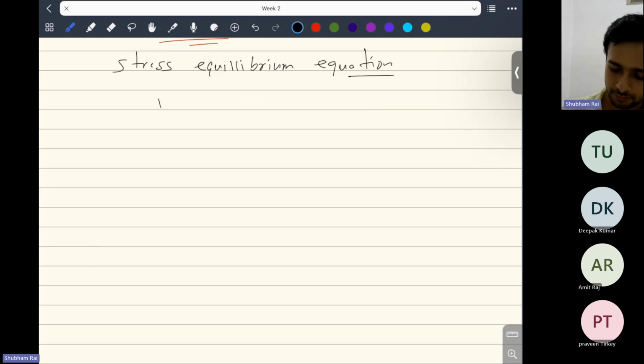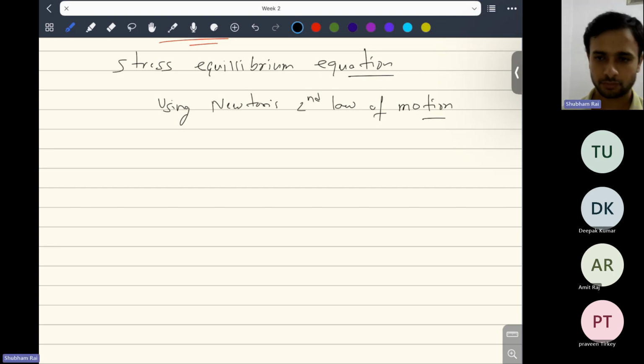You know that using Newton's second law of motion, the external force applied on a body is equal to the rate of change of linear momentum. That is Newton's second law of motion.